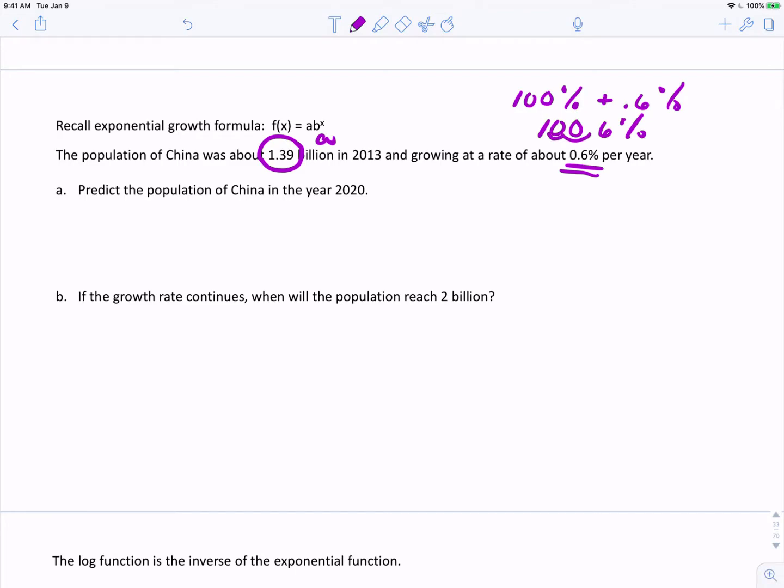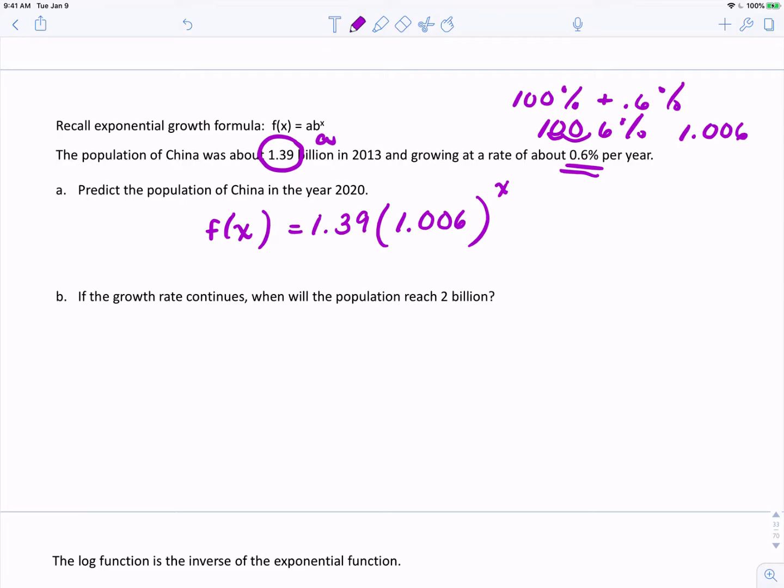So our growth rate would be 1.006, and we could go ahead and make a formula for the population growth of China. It would look like this. F of x is equal to 1.39 times 1.006 to the x. And x would be our time.